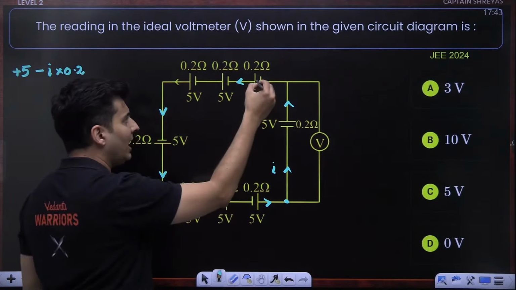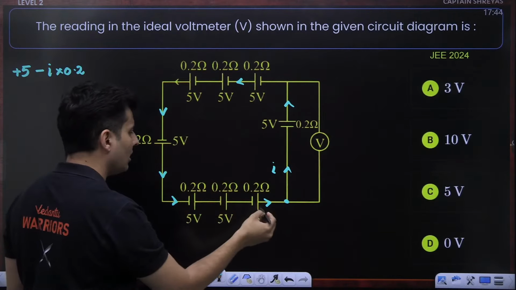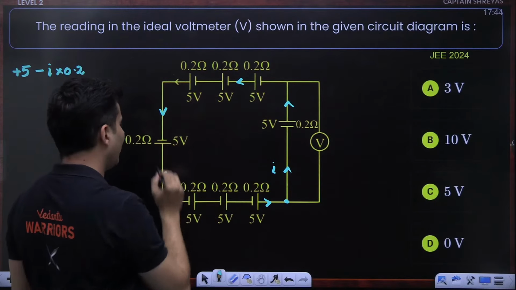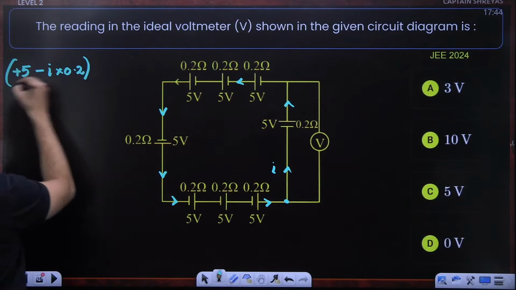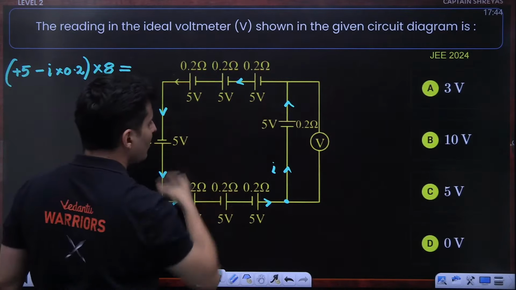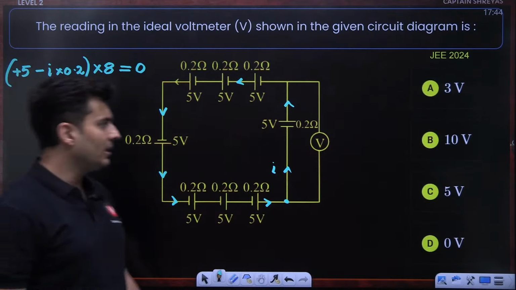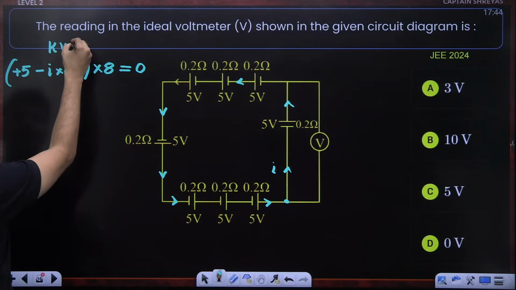Now the same thing will happen here, here, here, here, here, here, here. How many times? 1, 2, 3, 4, 5, 6, 7, 8. So you multiply this whole thing by 8 times, and finally you come back over here and the answer is 0. I've just used Kirchhoff's voltage law.